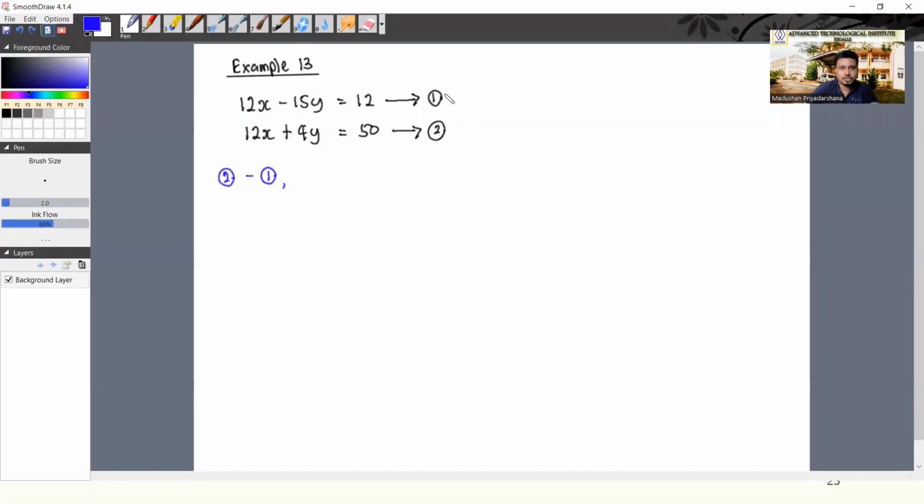Right. Equation 2 minus equation 1. Equation 2, that is 12x plus 4y, minus, and the next equation within the bracket, it should be 12x minus 15y, equals second equation minus first equation.